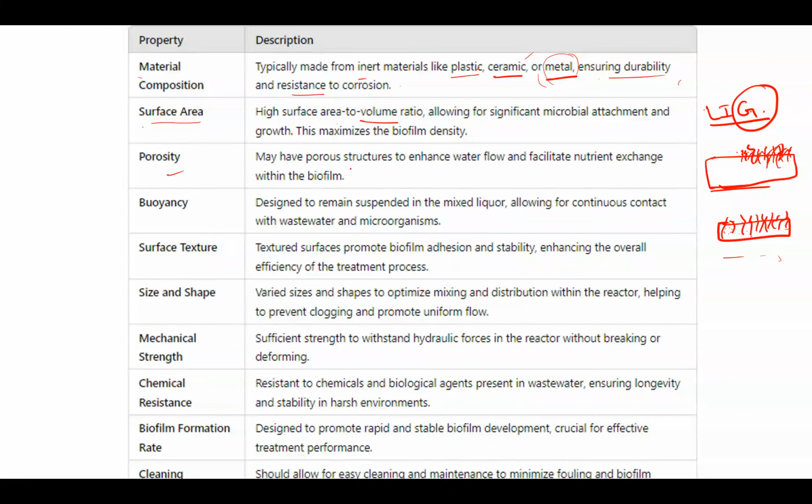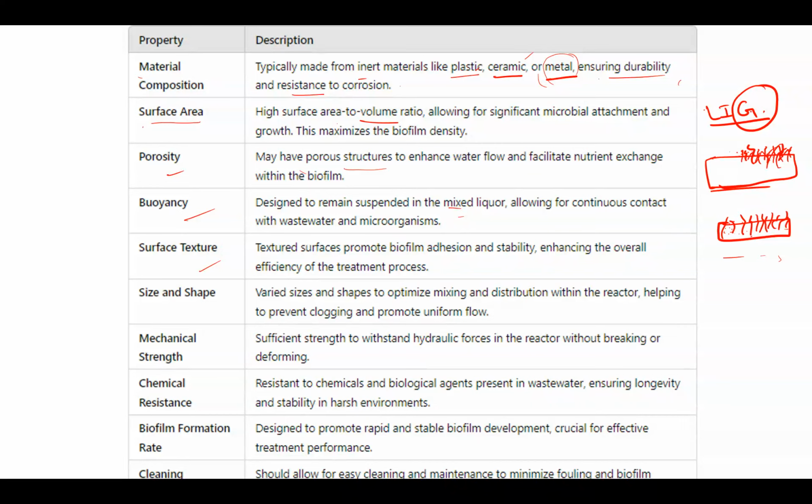Then porosity: we may have a porous substrate to enhance the water flow and facilitate nutrient exchange. Then buoyancy, the design remains suspended, that you can refer. Then surface texture: for some applications, we can texture the surface according to our need.